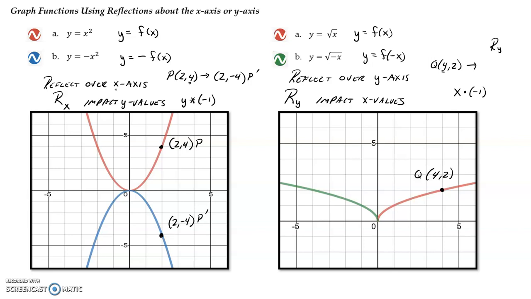If we multiply it by a negative 1, we're going to get a negative 4. And our y value there is going to stay the same. It's still a 2. So we'll go ahead and call this Q prime as our point. And if we plot it, here's our point (-4, 2), which is the point on our transformed graph.